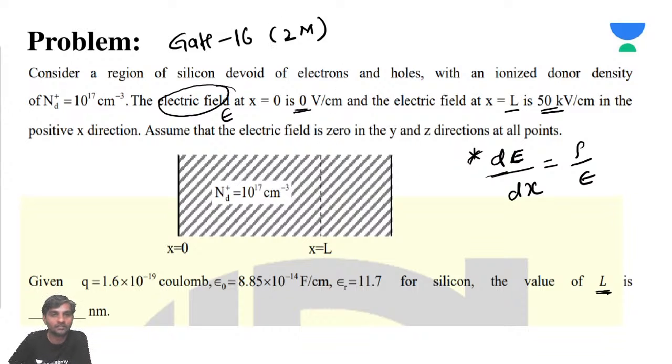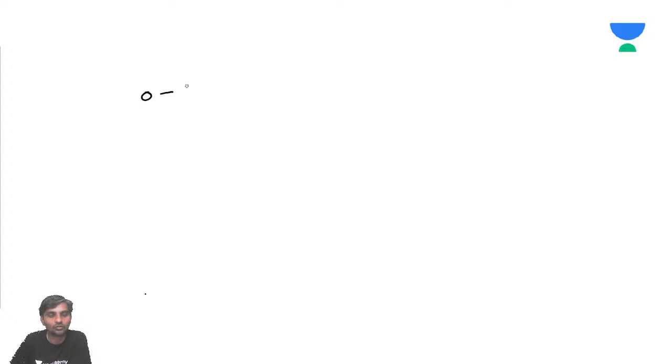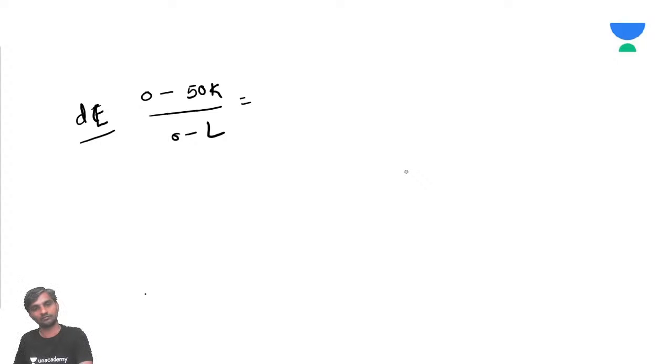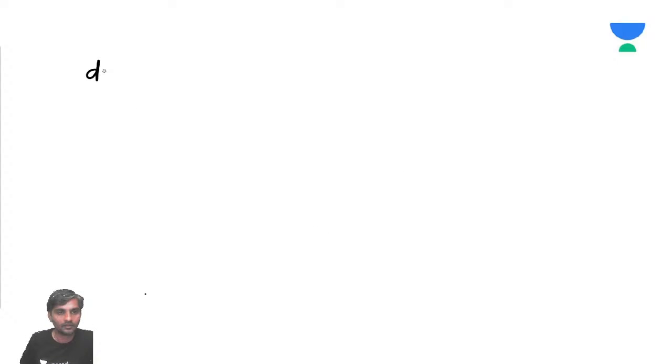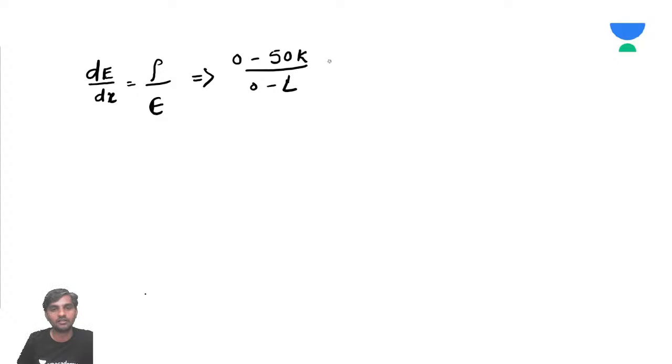So simply, the field changes from 0 to 50k, over x from 0 to L. dE by dx is equal to rho by epsilon, which gives 50k by L. Rho is nothing but Q into Nd or Na.